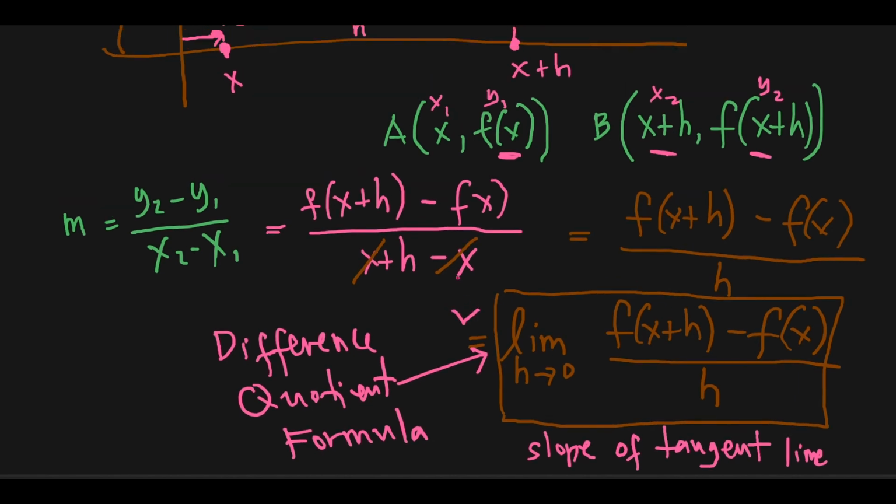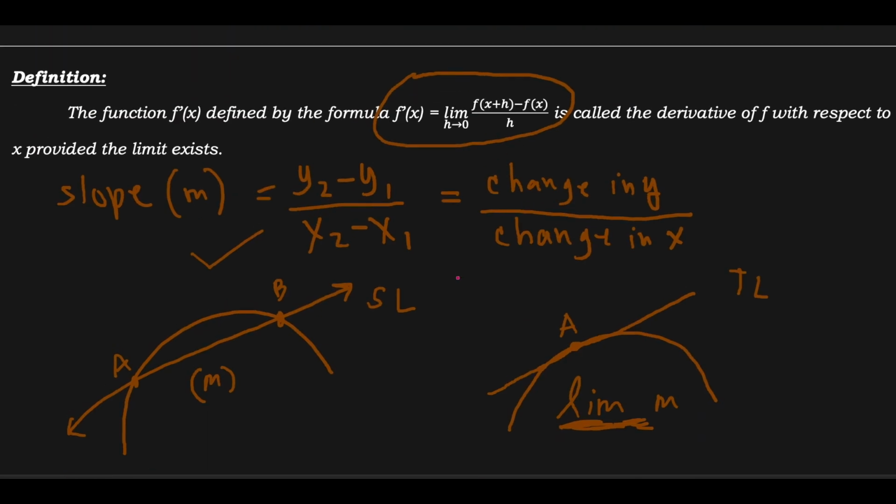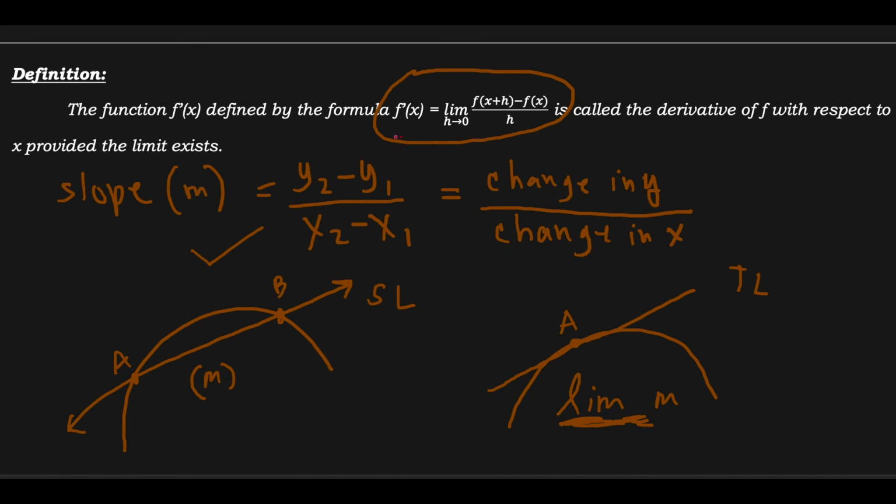And if we scroll back to our definition here, notice that this part here is exactly the part that we have just derived: the limit as h approaches 0 of f of x plus h minus f of x all over h, which by definition is equivalent to the derivative of the function.